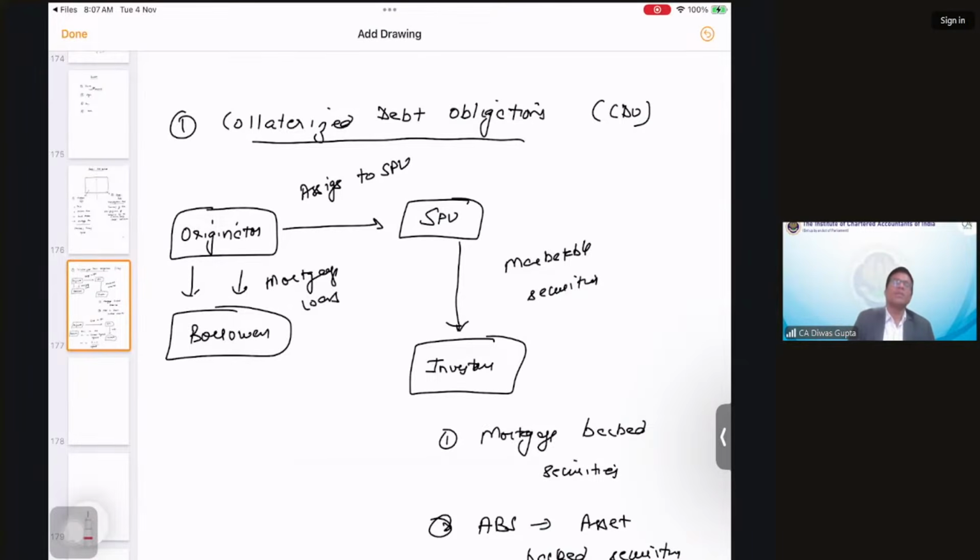So students, you would remember in our securitization topic, we discussed an originator, a borrower, SPV, and investor, right? Originator is the one who will originate the transaction, who will sell the assets to SPV. SPV will issue marketable securities to the investors, and borrowers are the ones who have borrowed money from the originator in the form of mortgage loans.